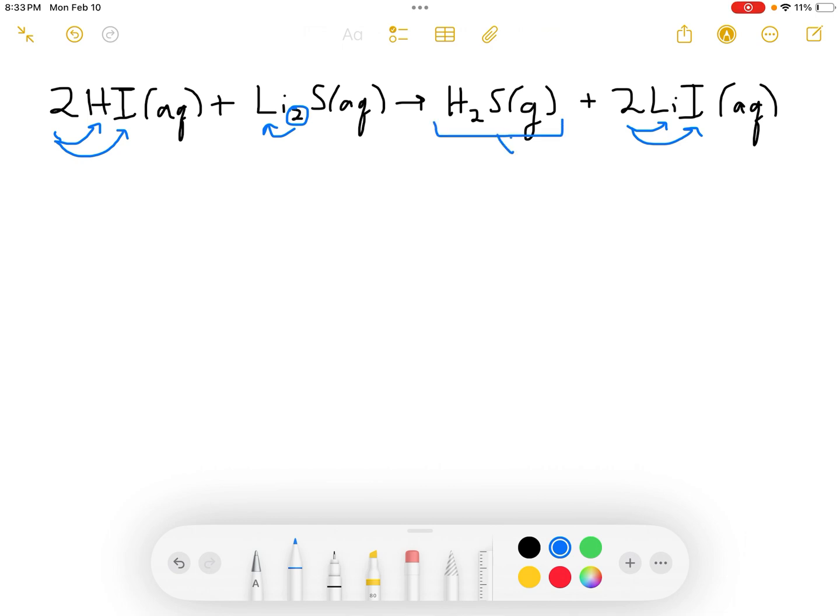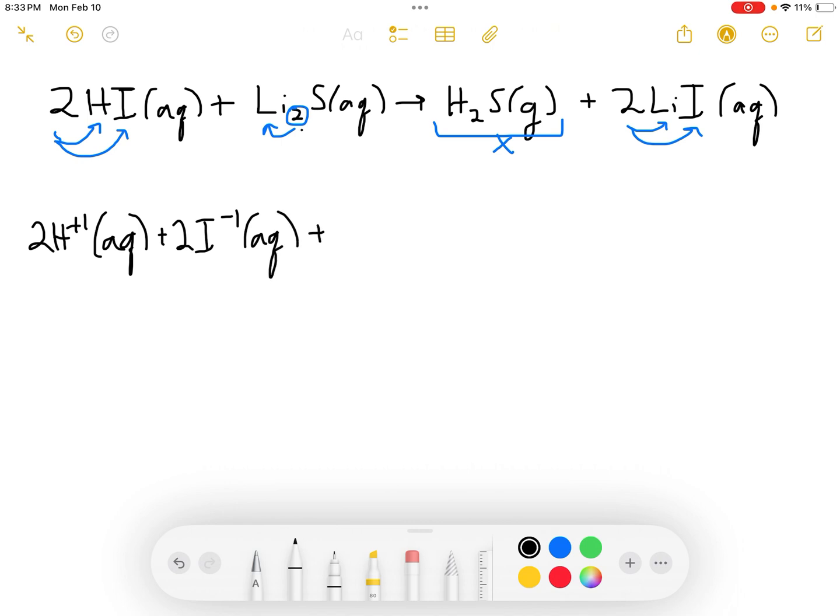Hydrogen sulfide is not going to get broken up into ions because it's a gas. Only aqueous things get broken up into ions. So our complete ionic equation would be 2H+1, aqueous, plus 2I-1, aqueous. Again, the 2 carries through.